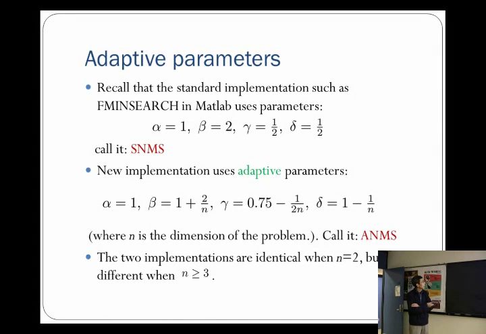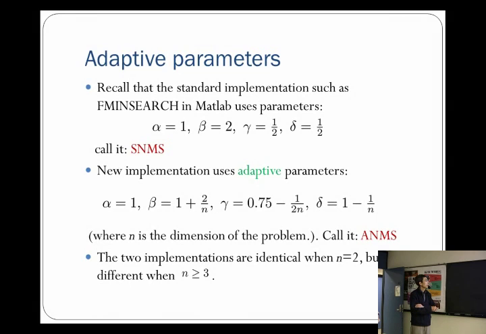Now, in the new implementation, these parameters rely on the dimension of the problem, not for alpha, the reflection parameter, but for the expansion parameter, this one replaces 2.